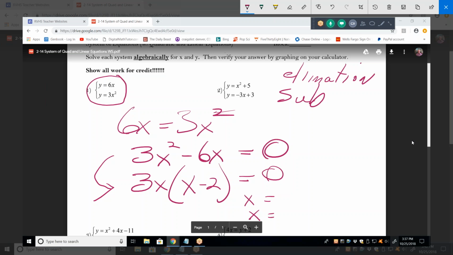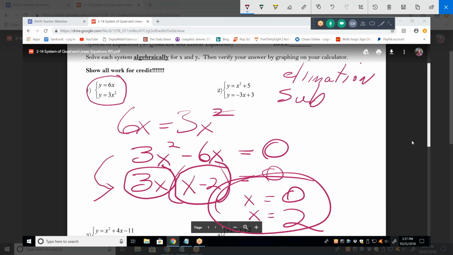So what's x equal to? Either that's equal to 0 or that's equal to 0. If x is equal to 0, what is x equal to? 0. If x minus 2 equals 0, what is x equal to? 2. That's how you do those.